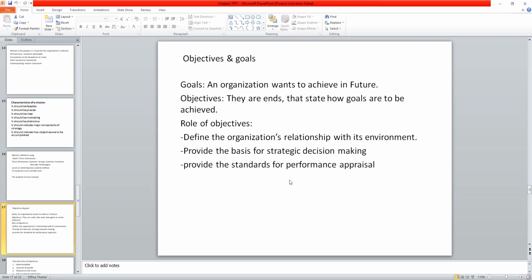Suppose the company also wants to take the profit motive into consideration, then the objective would be to improve the profits, to gain more profits.